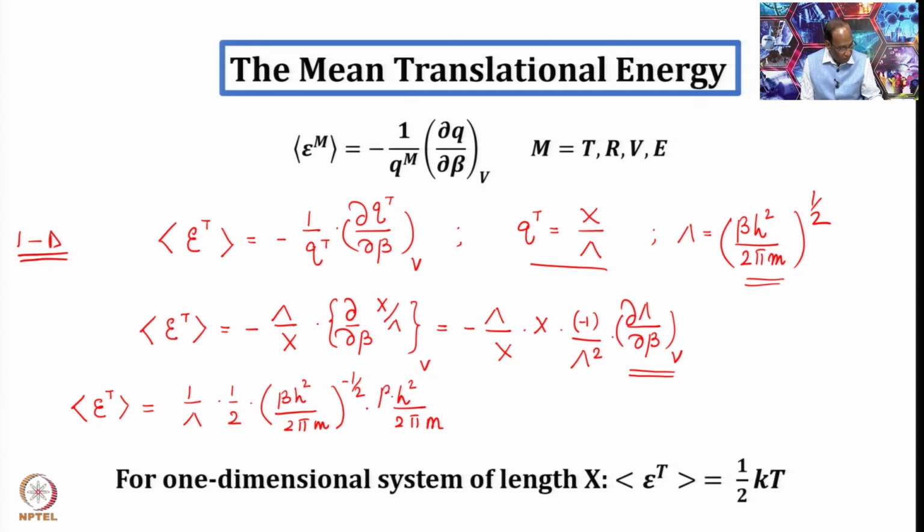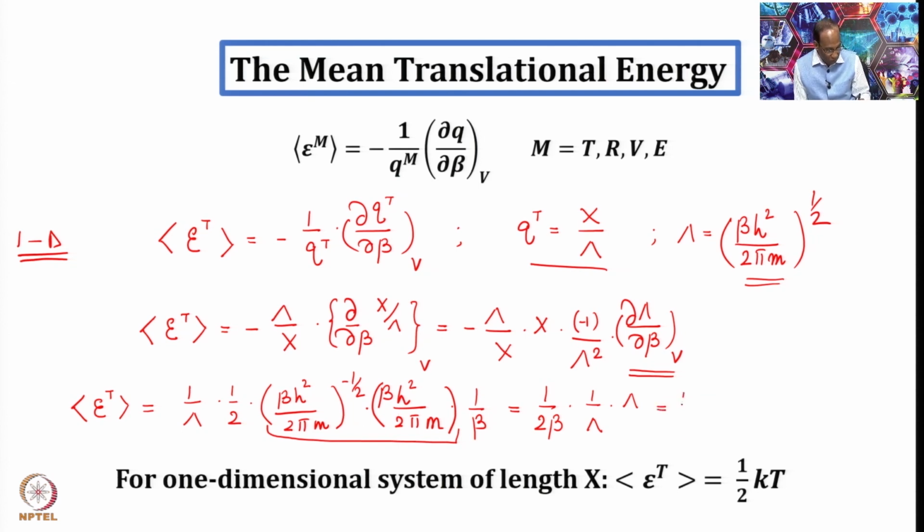I will multiply by beta and divide by beta, no harm done, and by doing so what I am getting now is 1 upon 2 beta into 1 upon lambda into, now if you combine these two, this is beta h square by 2 pi m square root, which is lambda. So basically this into this is beta h square by 2 pi m square root, which is lambda. So your answer is 1 by 2 kT.